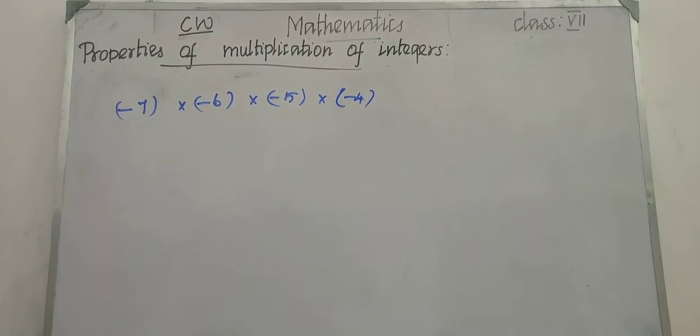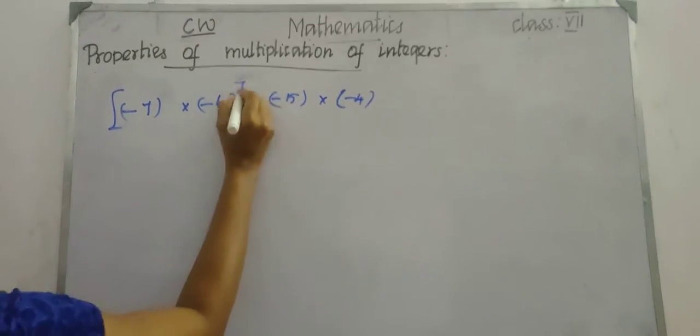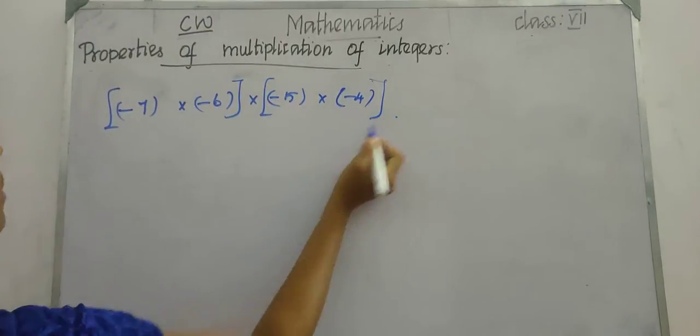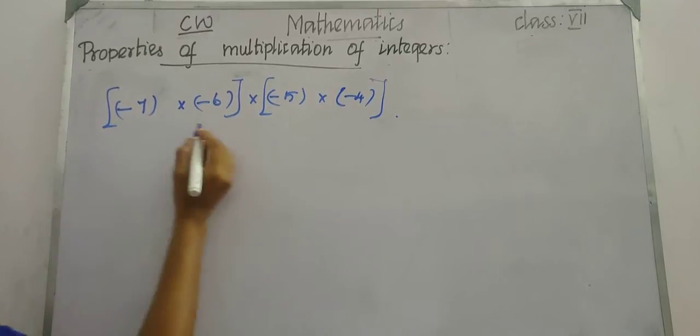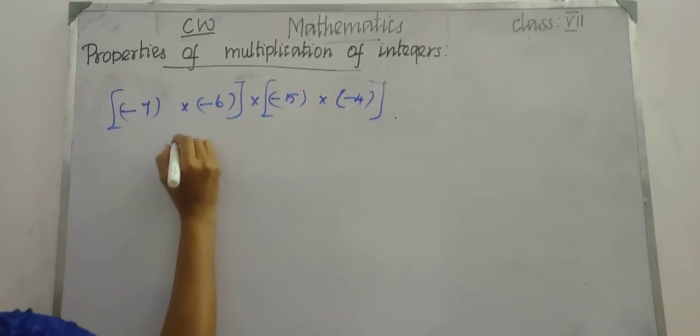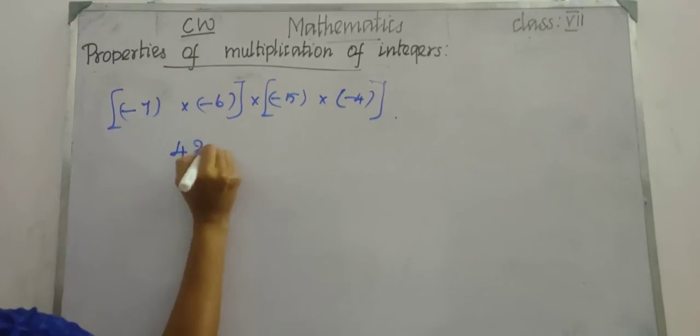First of all, let us separate. Let us solve. 7 6s are 42. Minus into minus is plus, so plus 42.